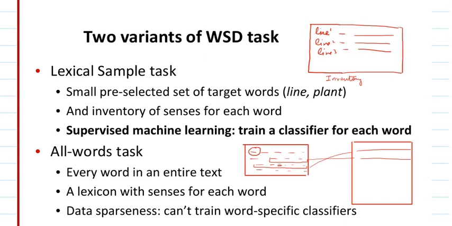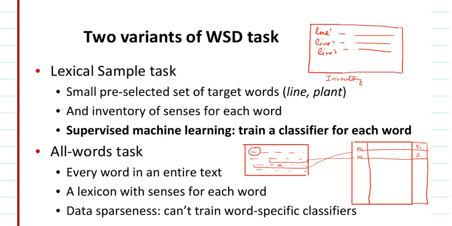So this is the word, and this is the context, and the tag also has to be specified. Each word may have some kind of sense 1, sense 2, or sense 3, so that has to be specified here.